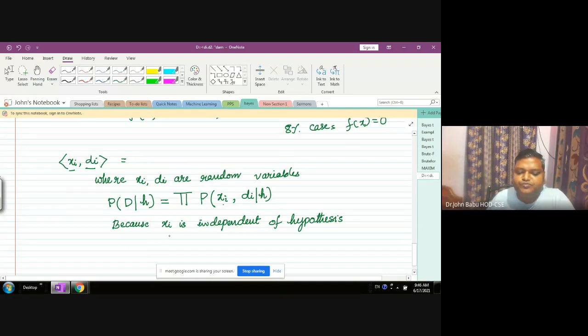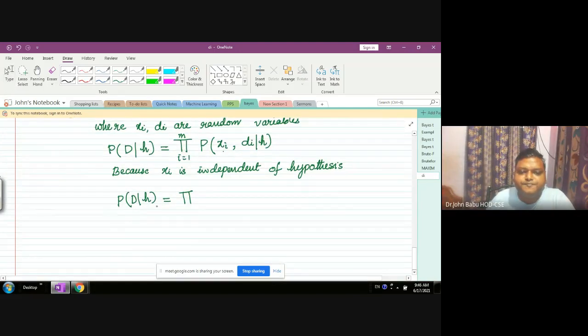So both are individual probabilities. The probability of d given h can be calculated as the product, i equal to 1 to m, of the probability of xi into the probability of di given h.